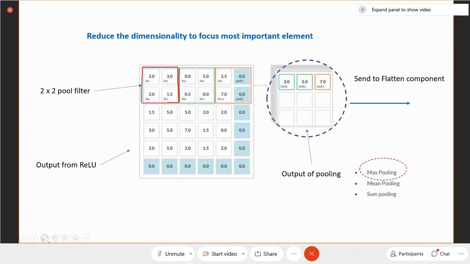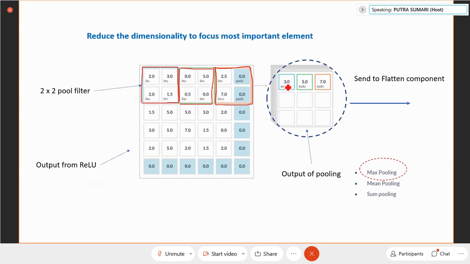It's just next to it. Okay. Move to the next one. Here. Take the maximum. 5 is the maximum of all. Put 5. Then move a little bit here. Look at this. Take the maximum. 7. Put 7 there. Okay. So in this pooling layer, I use the maximum.